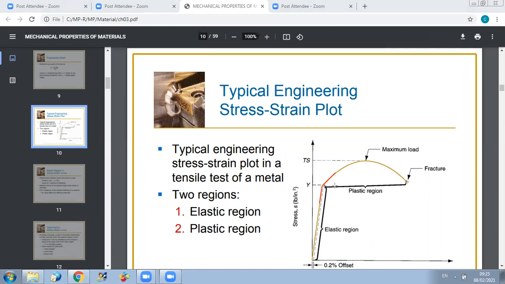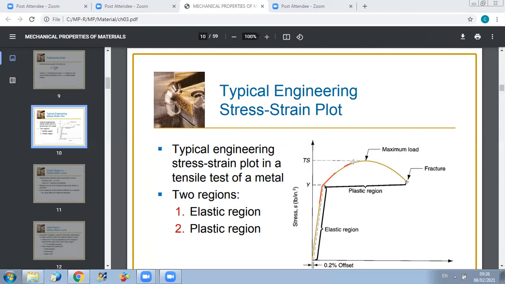You know why? Because in the elastic region, the resistance to deformation is higher. The higher the slope, the higher the resistance to deformation, so you need to apply a much higher stress to undergo a certain deformation. However, in the plastic region, it is easier to deform, which is why the slope is reduced.